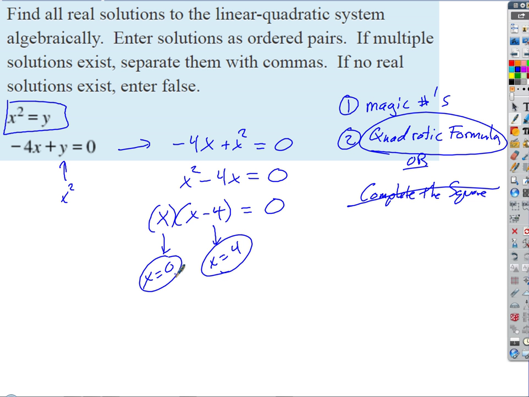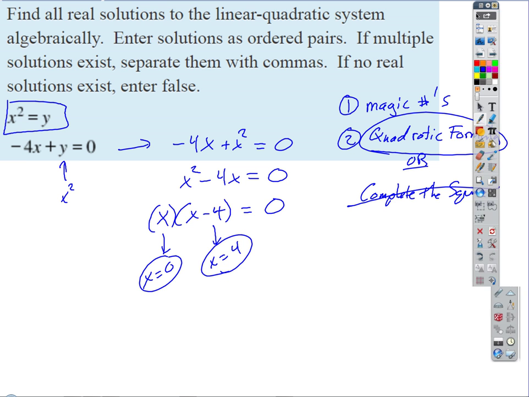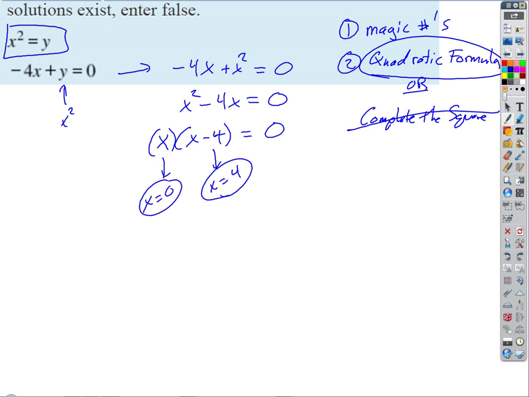Okay, so it looks like there are going to be two places where this line intersects the parabola. One is going to be when x is 0, and one is when x equals 4. I need to find the y values that go with each one of those. So what about when x equals 0? Well, I'll go back to my substitution equation, and y equals x squared, so y would just equal 0 squared, which is 0.